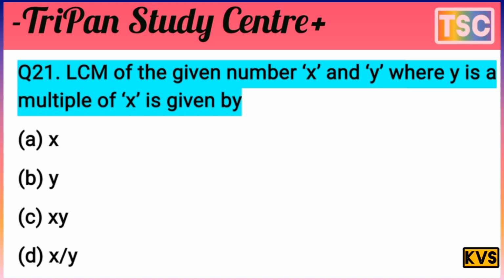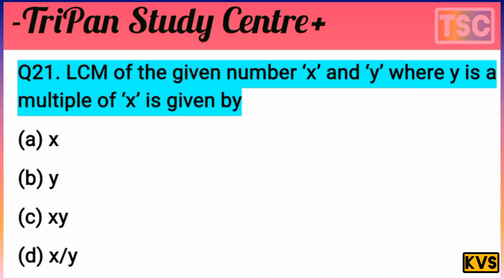Those are the options on your screen. But first of all, check your knowledge. I give you a few seconds. You must have a thought of your answer. Let's see what the answer is.